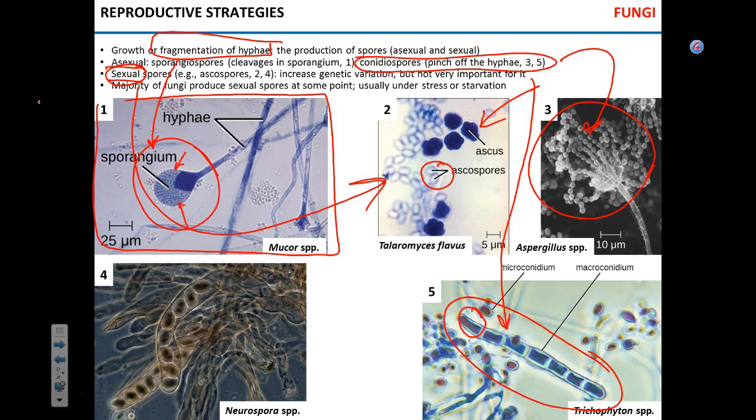So sexual spores are not really common, but as I mentioned, they are produced under harsh environmental conditions. Why are sexual spores produced in harsh conditions and asexual in normal conditions? What's the reason? Yes, to increase genetic diversity and increase adaptability to these harsh conditions.